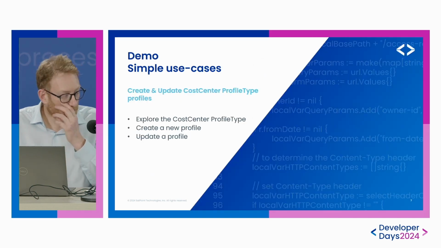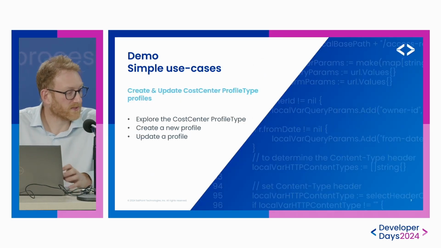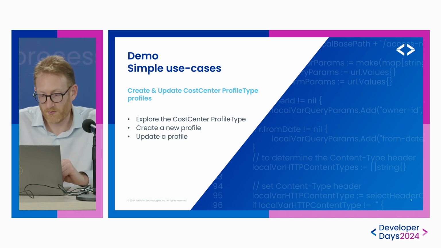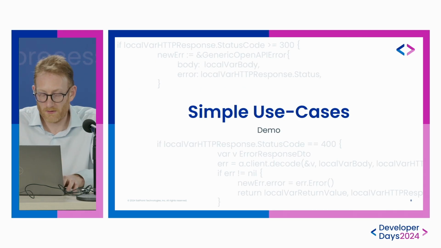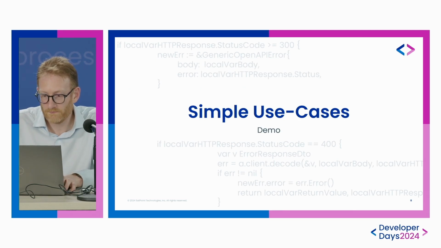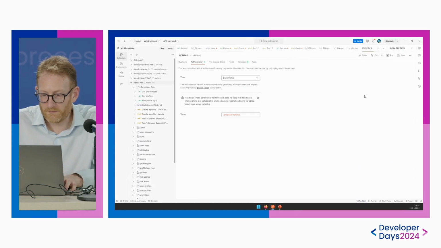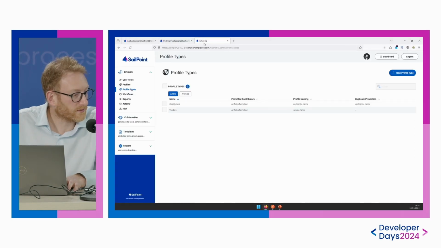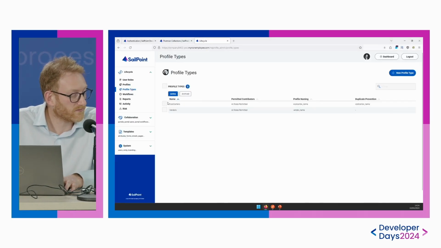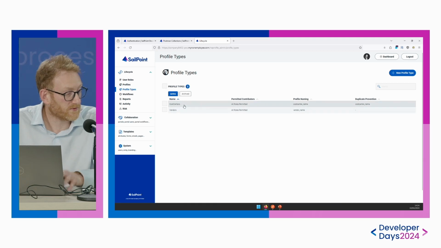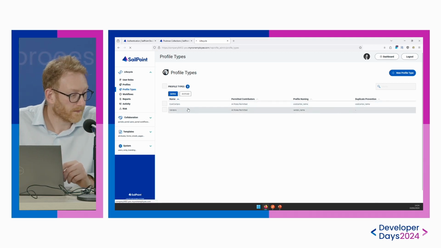So we'll go to some simple use case to explore the profile types and create a new profile, update a new profile. So I will just show you that. As I was telling you, we have created two profile types, cost centers and vendors.